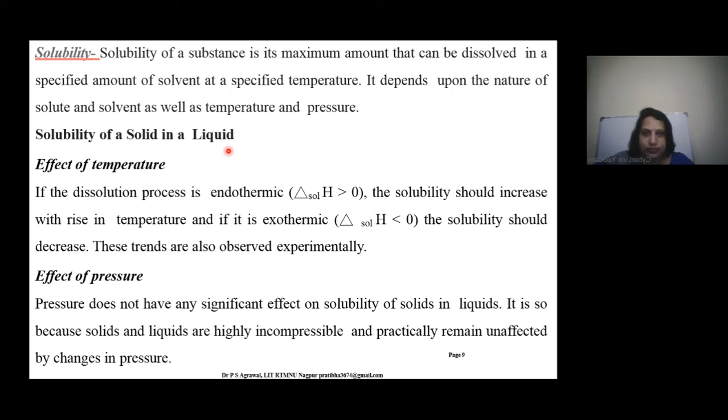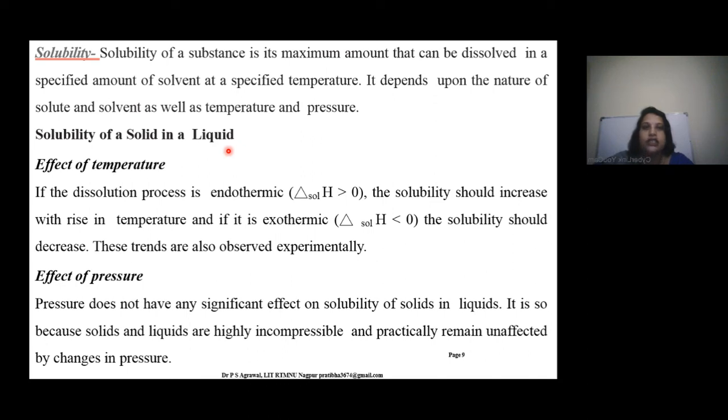When a solid solute is added to the solvent, some solute dissolves and its concentration increases in solution. This is known as dissolution. Some solute particles collide with the solid solute particles and get separated out of the solution. This is known as crystallization. There are two processes, dissolution and crystallization.